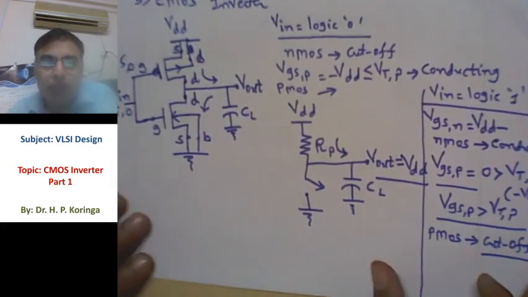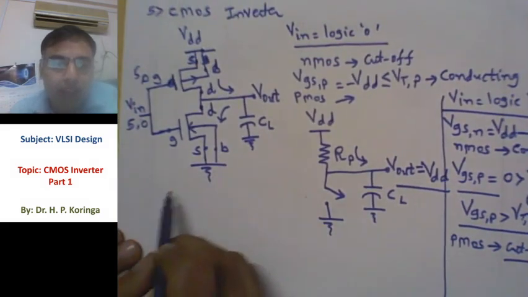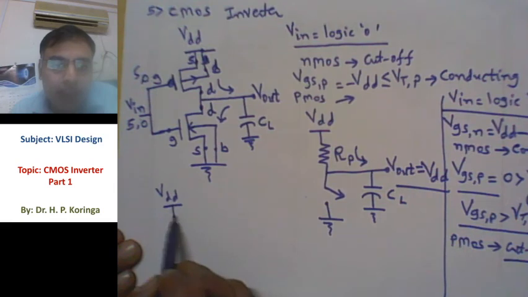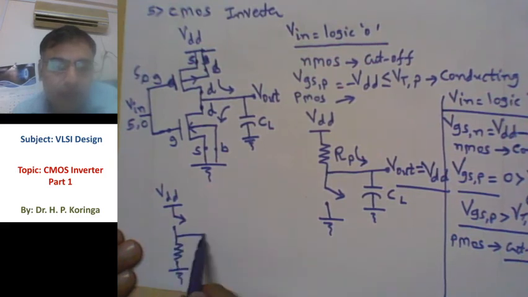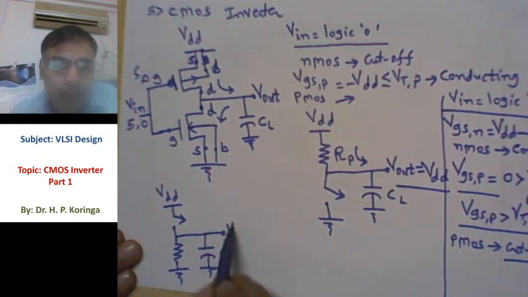So when the PMOSFET operates in cutoff, you see its equivalent circuit. The PMOSFET in cutoff is an open circuit, and the NMOSFET has some non-linear resistance to ground. So in this circuit, the output voltage is totally discharged through the NMOSFET.